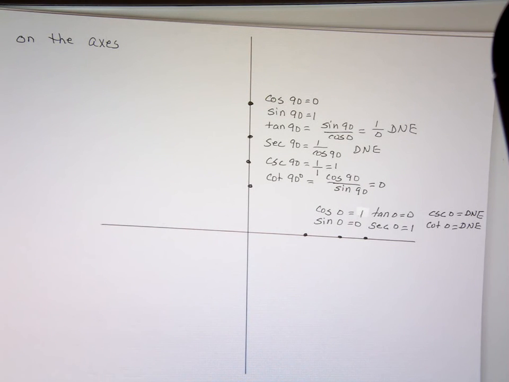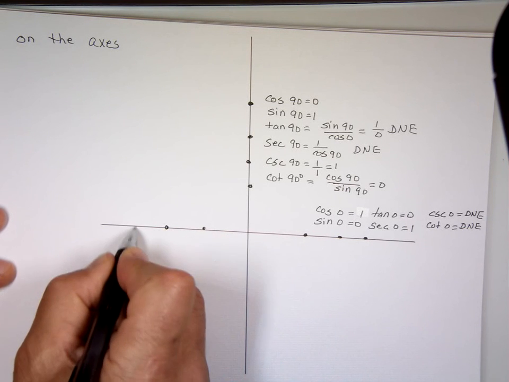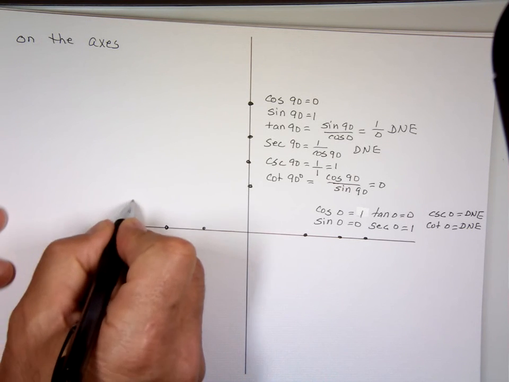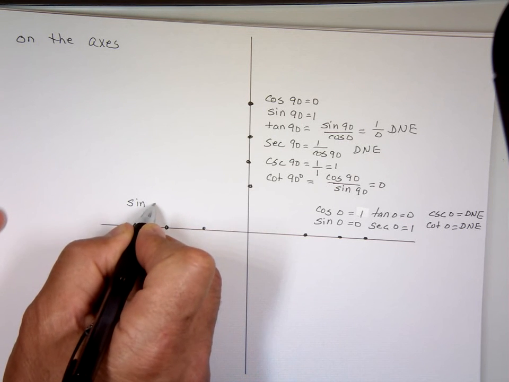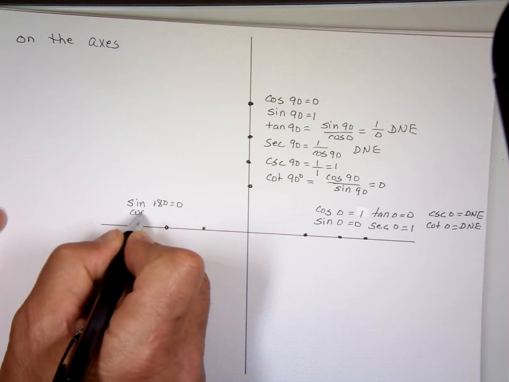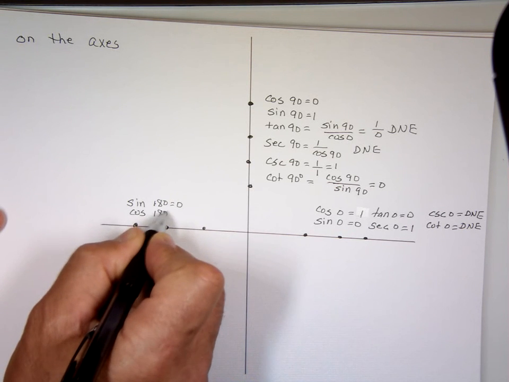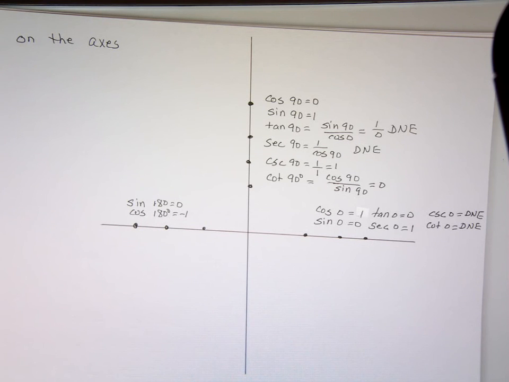Quickly here, I'll just do 2 of them and you can derive the rest of them. The sine is 0. The cosine is negative 1. And you can figure the other ones by going tangent sine over cosine, which is a 0.